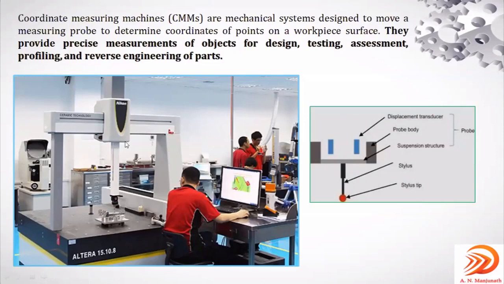As you see over here, these types of machines provide precise measurement of objects for testing or inspecting purposes, and even reverse engineering of objects is done using this CMM, coordinate measuring machine.